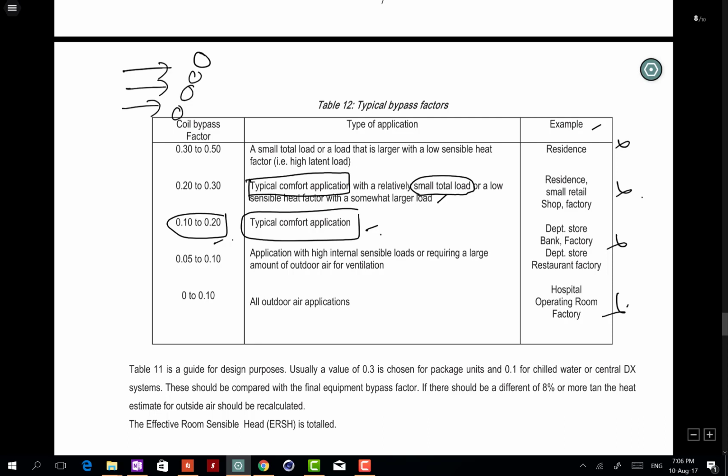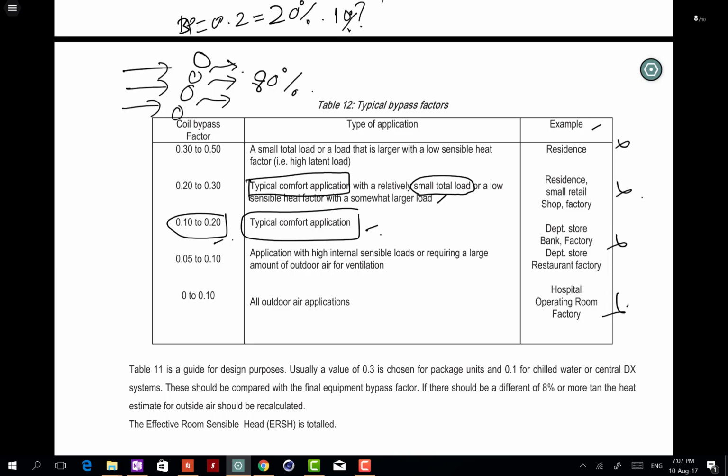If we take a bypass of 0.2, it means that 20% of the air is blocked by the coil, so only 80% is passed through the coil. If you take 10%, it means you assume that 90% of the air is passed to the coil. So it will affect your cooling load factor.